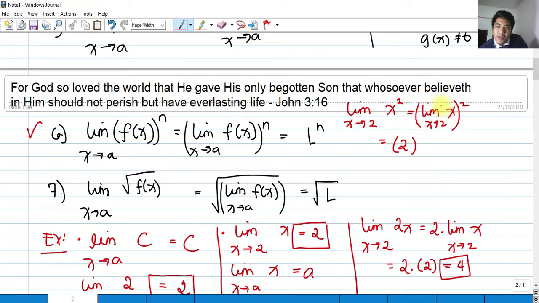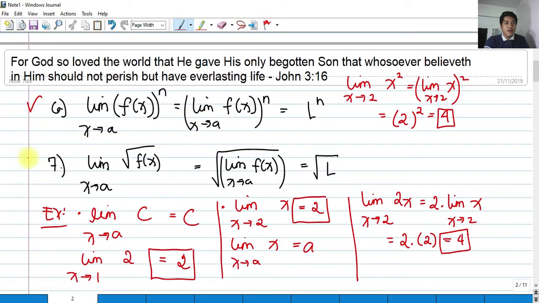Agree with me? Because that's what the property is trying to say. Now, don't forget that we have squared here. So we have 4. We can always do that, or we can directly substitute 2 here in order to evaluate the limit. No problem with that. But still, I'm going to show you the properties.